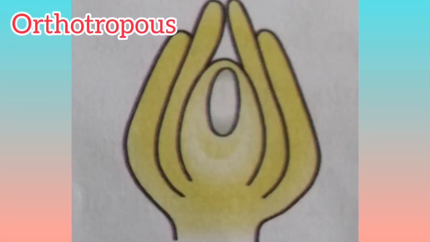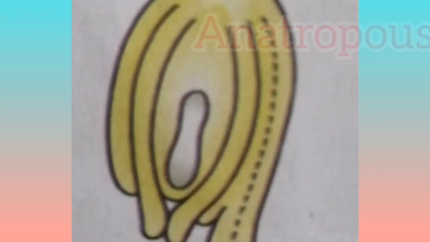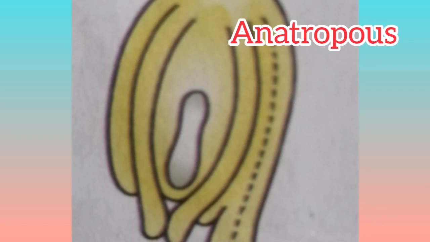In orthotropous type of ovule, the micropyle, the funicle and the chalaza lie in one straight vertical line. Example: Piper family. In anatropous type of ovule, the body becomes completely inverted so that the micropyle and funiculus come to lie very close to each other. This is found in dicots and monocots.